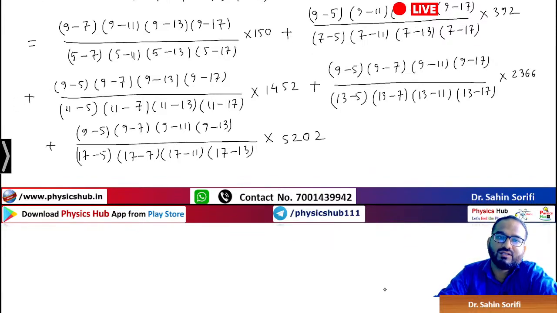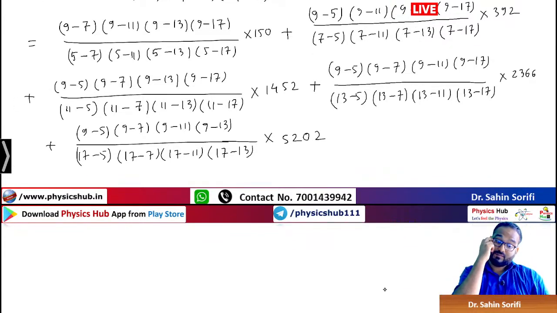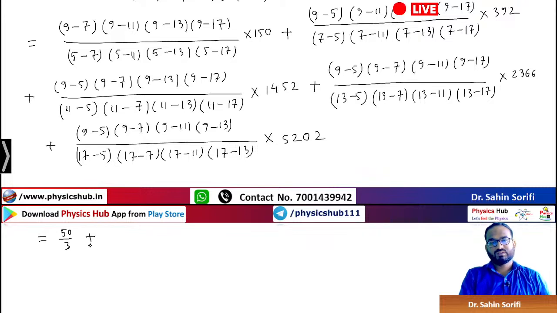Now you calculate all these values. The first value, 9 minus 7, 9 minus 11, 9 minus 13, 9 minus 17 divided by this thing, will give you 50 by 3. The second term will give you 3136 by 50.